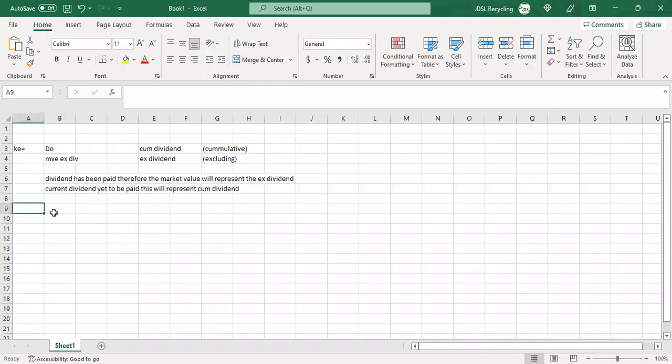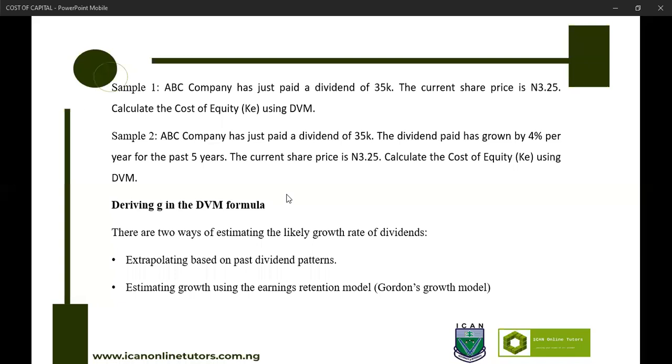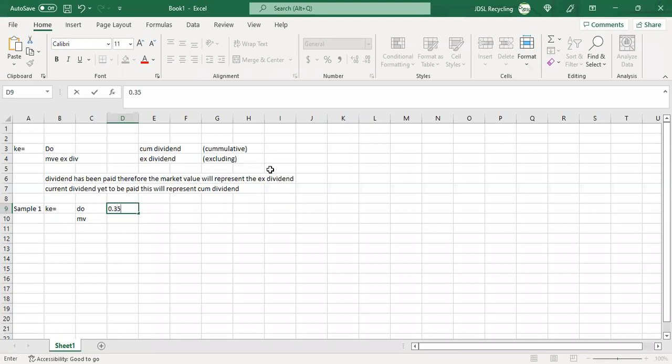So sample 1. KE will be equal to D naught divided by market value. And what is our current dividend from the information given to us? The current dividend is 35 kobo, while the share price is 3 naira 25 kobo. 35 kobo is 0.35, divided by 3.25.